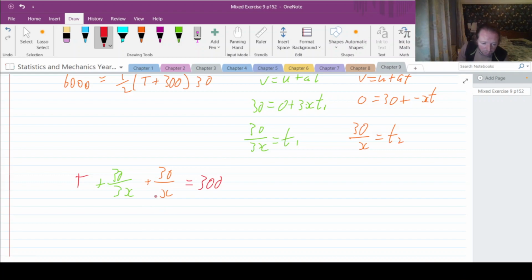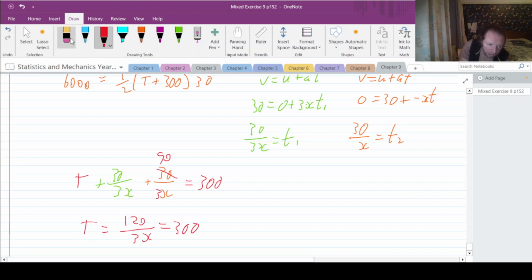So let's put all of that together, making this one into a 3x on the bottom, which makes this one into a 90. Adding those two together gives me 90, 100, and, could have just made it 10 and 30, couldn't I. Anyway, 9, 10, 11, 12, so t equals 120 over 3x equals 300.